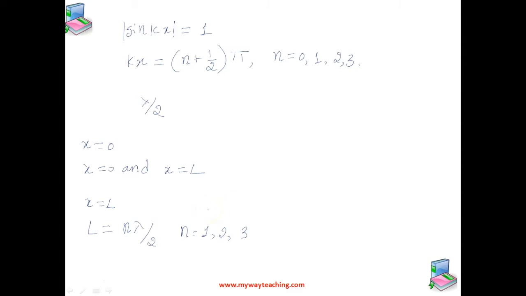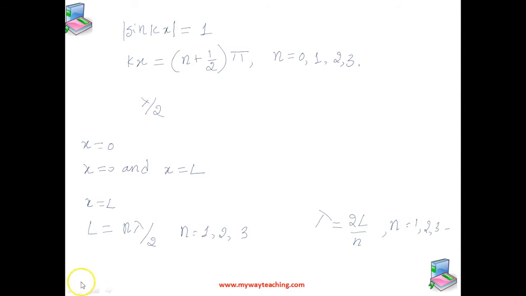So the possible wavelengths of stationary waves are constrained by this relation. From this equation for L, we can get lambda equal to 2L by n, where n is equal to 1, 2, 3, and it goes on.